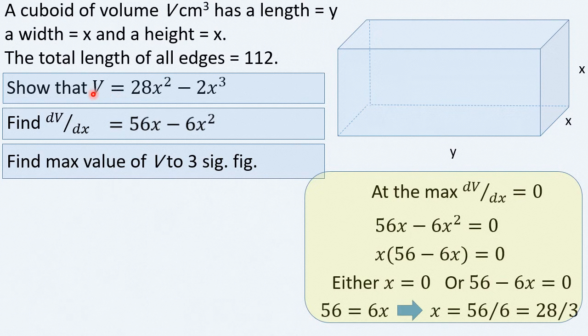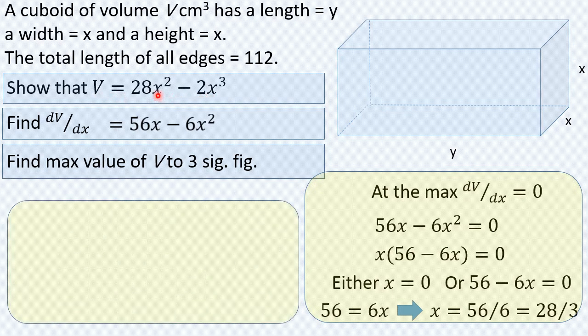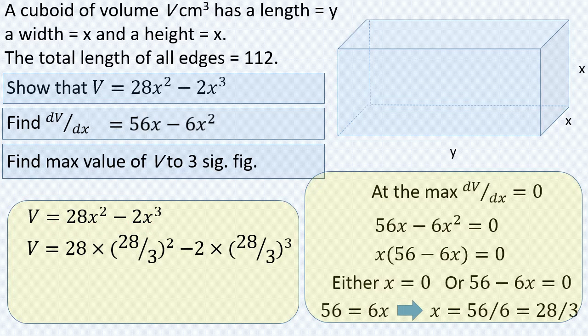So if we got this value for x, we have to substitute it into the equation of the volume. So V equals 28x squared minus 2x cubed. Substituting for x with 28 over 3, we are left with 28 multiplied by 28 over 3 all squared minus 2 multiplied by 28 over 3 all cubed.